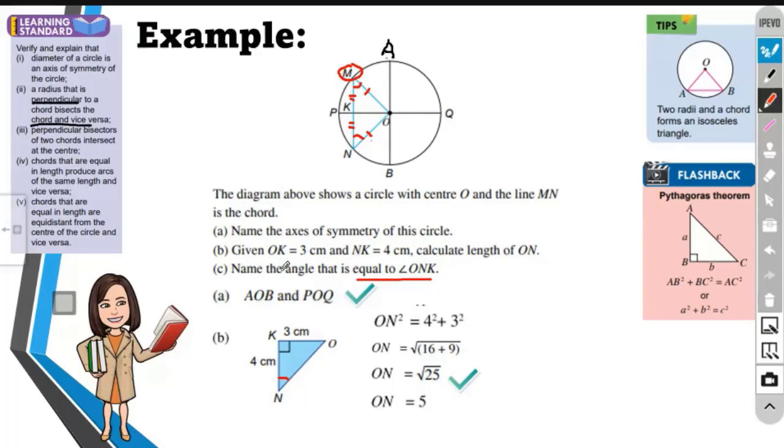Or if you don't want to put OMK, you put angle M like this, also can. So M can be accepted also. If you don't write OMK, for ONK you put angle N, can, no problem. So the answer is correct. So this one, OMK, or angle M. So far so good, everybody?